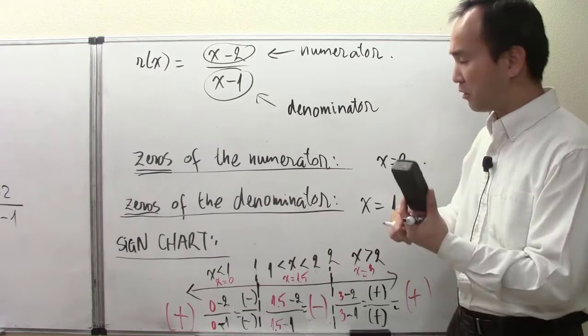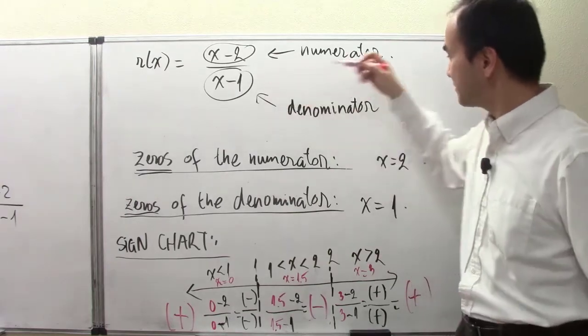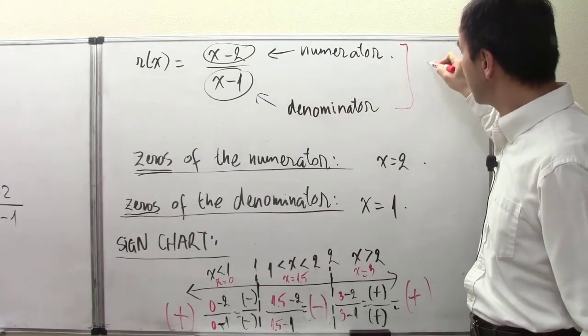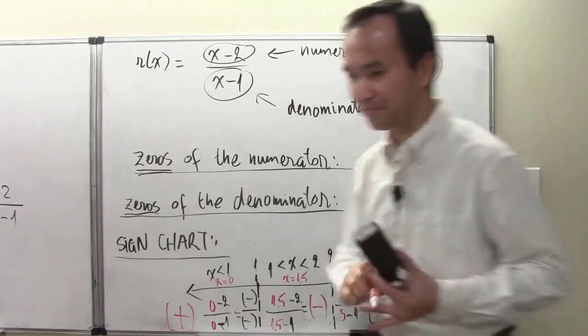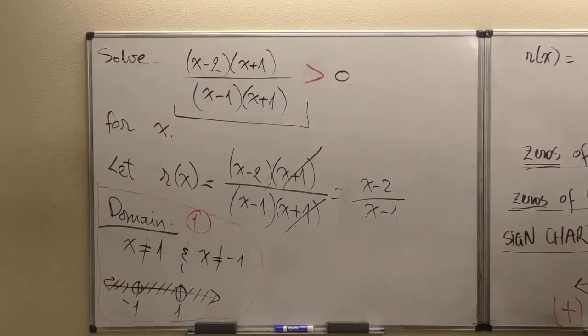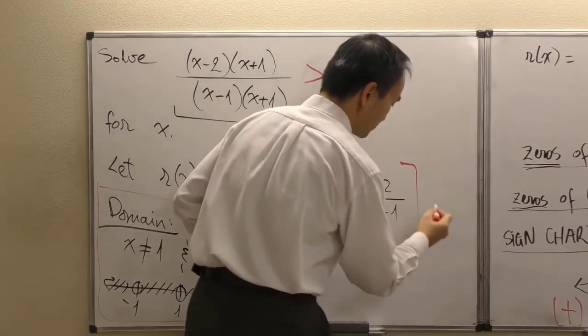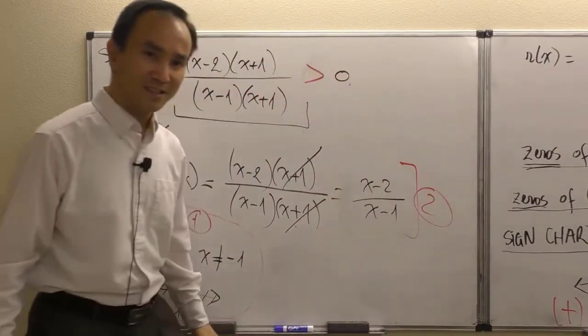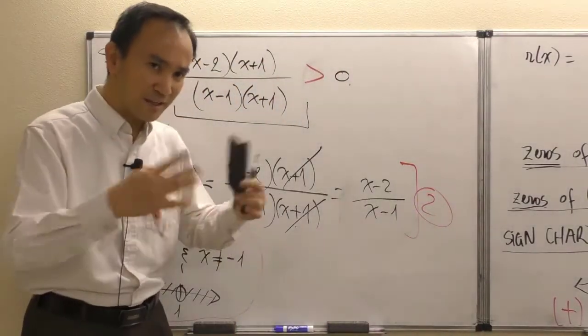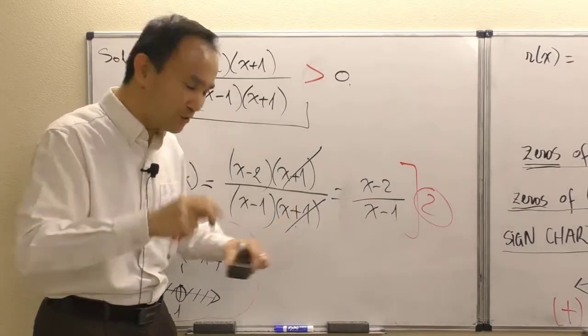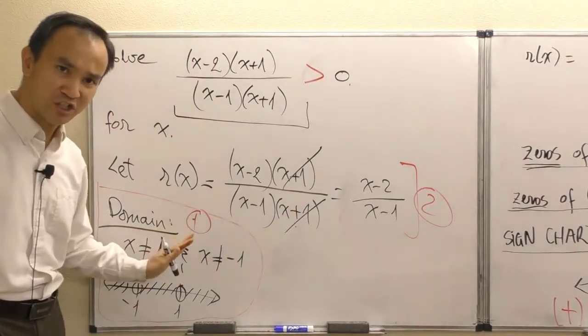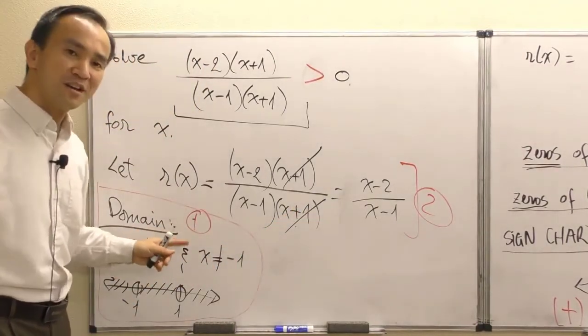Canceling out your common factor is really step number 2 right here. This is the beginning of step 2, because we get all of those cancelled out, making the work easier for us. But only do that after you have nailed down successfully the domain of the function.